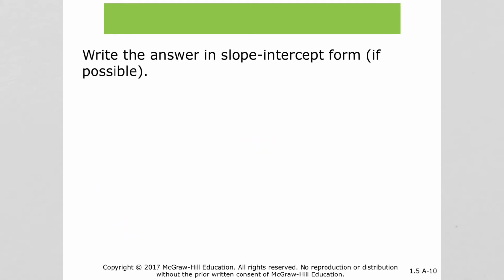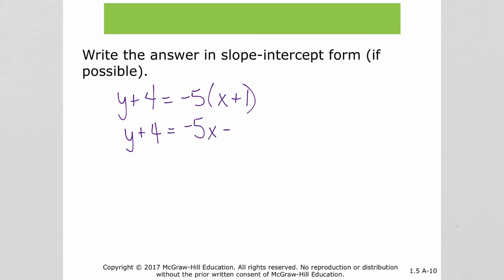So to write it in slope-intercept form, again, we just solve for y. So subtract 4 from both sides, and we've got y equals negative 5x minus 9.